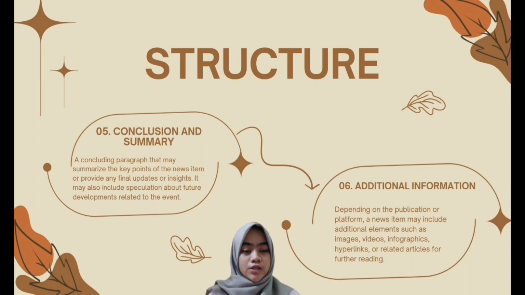Next, the conclusion and summary include the key points of the news item and give speculations about future developments related to the event. And the last one is additional information, to give additional elements such as images, videos, infographics, or hyperlinks related to the article for further reading.